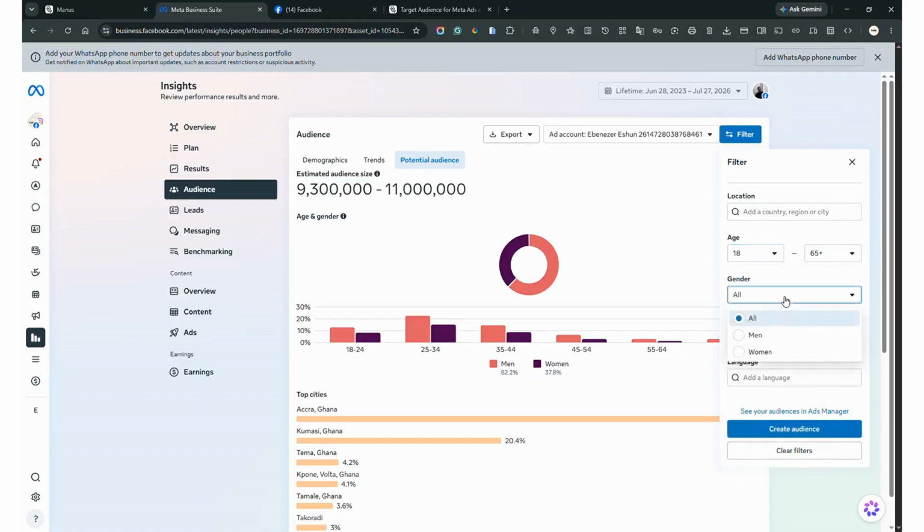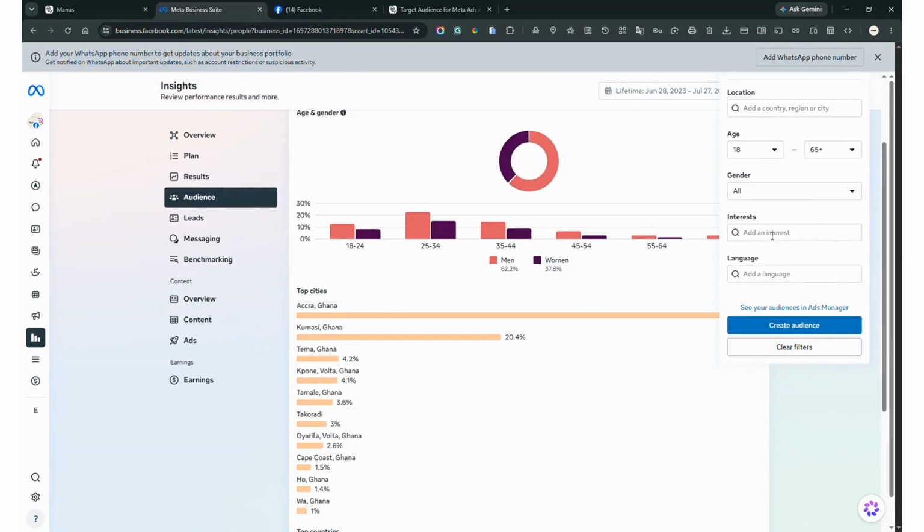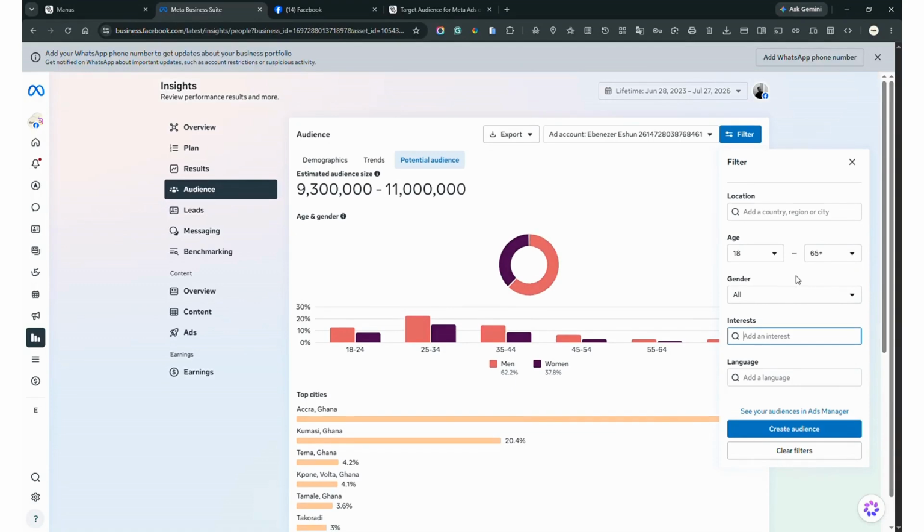And then you'll also be able to determine the gender, whether you want to target only males or females, and then you'll be able to target based on their interest, which is very, very important in what we are about to do. So we have to wait for the research to be done by Manus AI so it influences the kind of interest that we are going to look for over here.